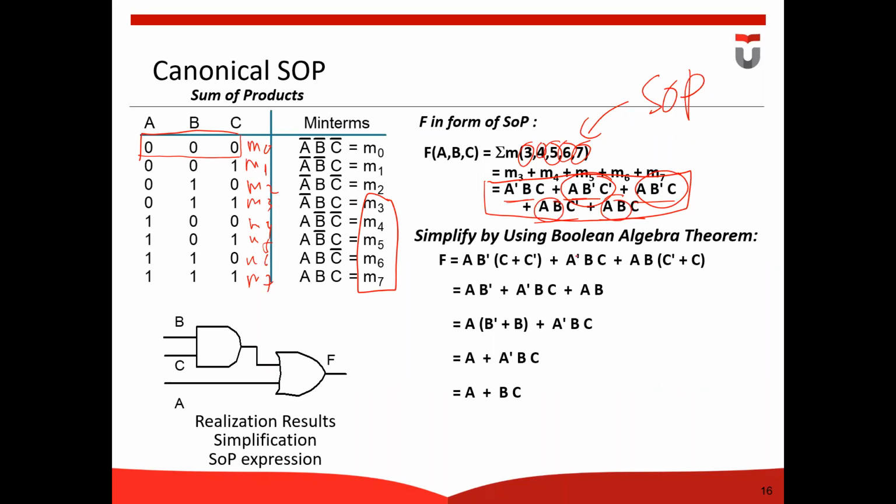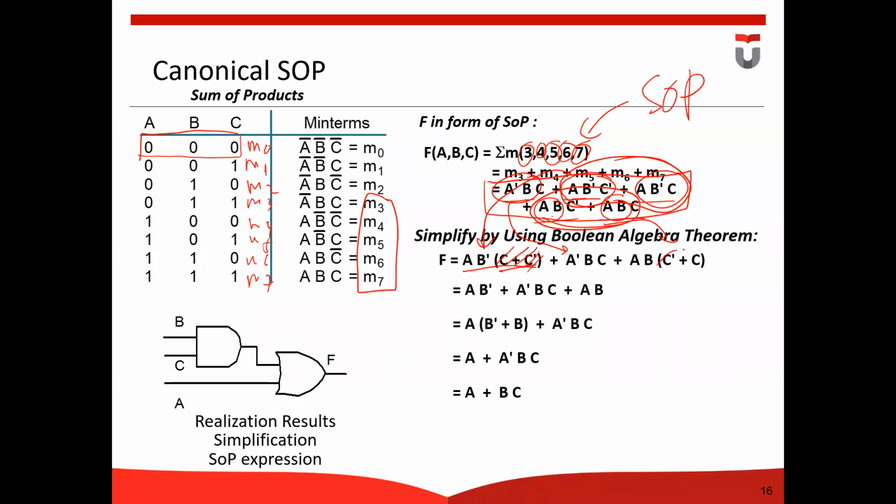So we can just take out those same variables to become something like this. AB naught C naught, AB naught C: take out the AB naught to become AB naught, and then C plus C naught, and then this still remains the same. And these two become AB, C naught plus C. And then remember C plus C naught is 1, so we can remove this.